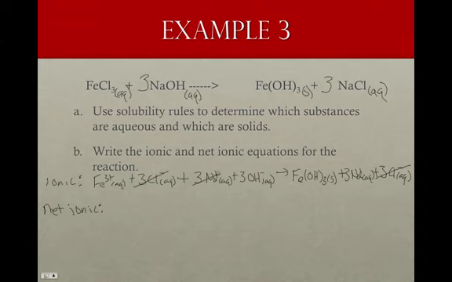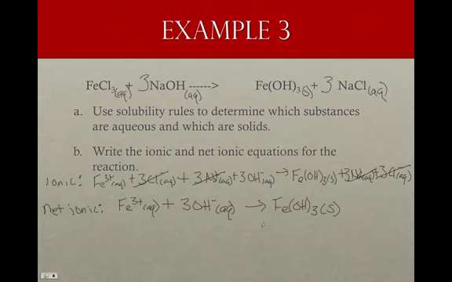I see 3 Na+ here and 3 Na+ here, so I'm not including them. And that leaves us with the Fe3+ aqueous plus 3 OH- aqueous forms Fe(OH)3 solid. And there's my net ionic equation.